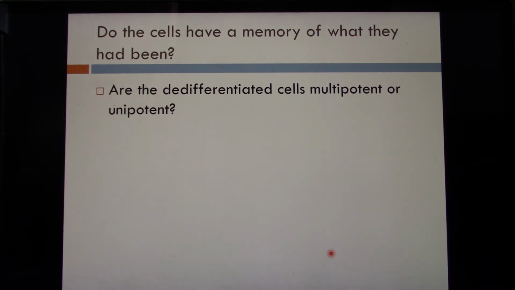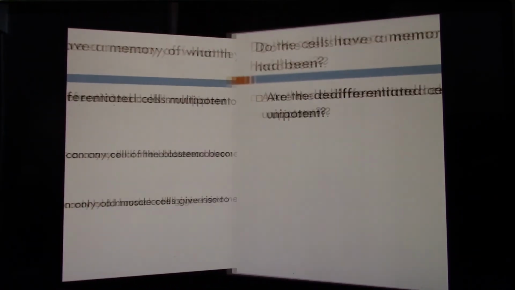So here's a question. Do the cells have a memory of what they had been? Are these dedifferentiated cells found in the blastema multipotent? Or are they unipotent? Can they become multiple cell types or only one cell type?